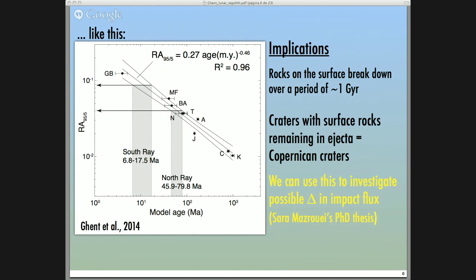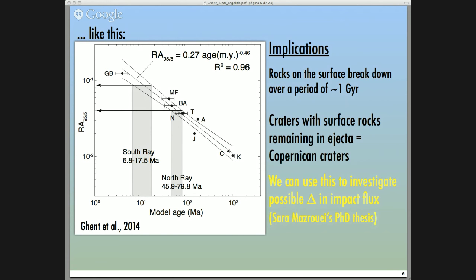And we kind of lose leverage once there's not enough rocks to measure anymore out here at about 1 billion years. This technique is sort of valid from 1 billion year timescales and shorter. This is kind of the lower limit too. So we can't do much below several million years as well.